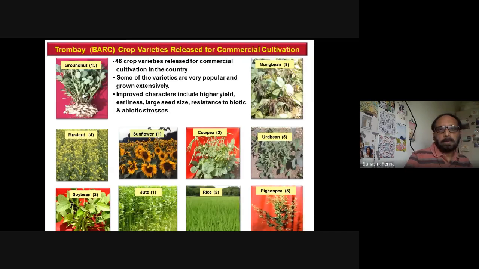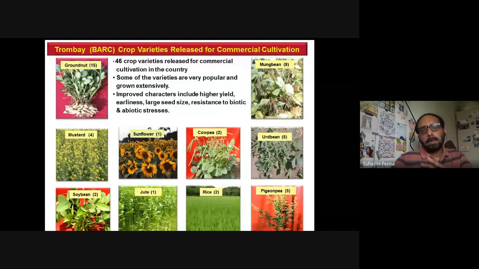I'll just take you for a few minutes through the work that has been done at Bhabha Atomic Research Center. This was one center where significant research on radiation technologies is done, and we have mutation breeding groups in cereals, pulses, oilseeds, and then vegetatively propagated crops.